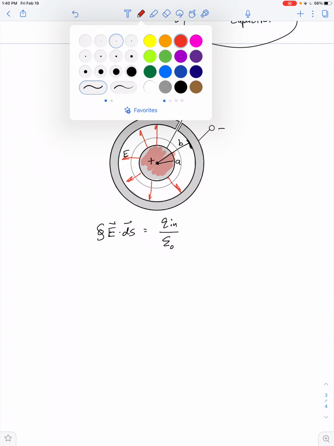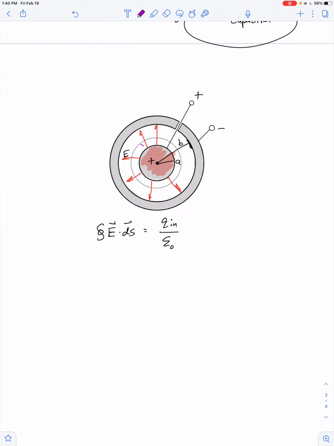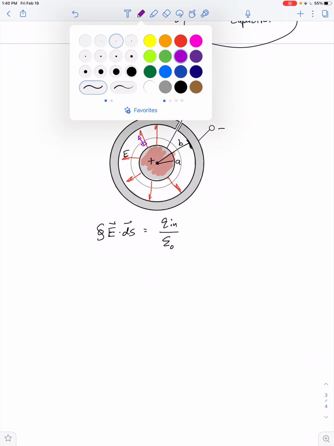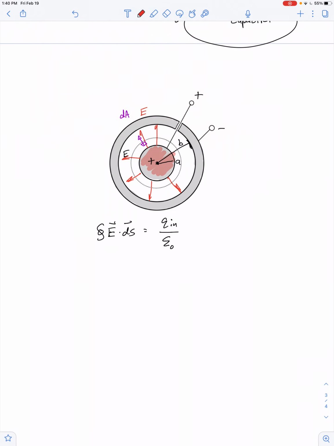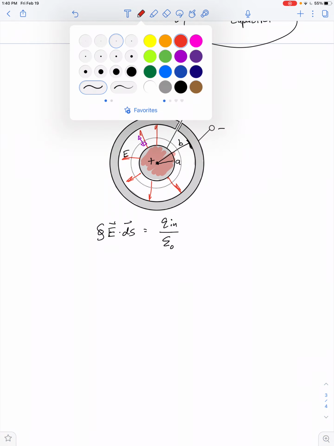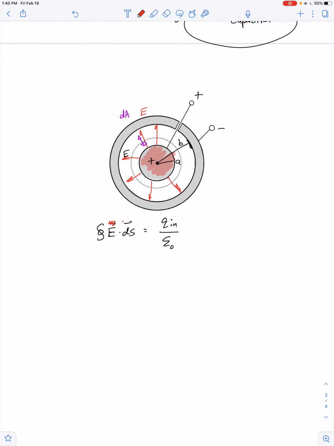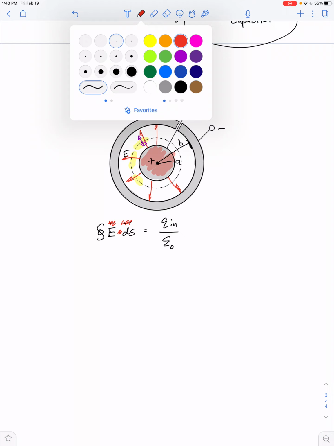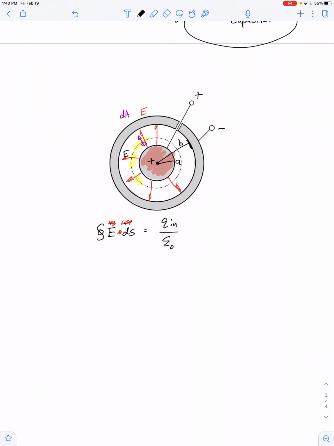Okay, so if we choose any little patch of area of our Gaussian surface, the angle between dA and E is 0. So that allows us to get rid of the vector notation, and the electric field is just as strong in this region as it is this region as it is this region, so we can treat electric field as a constant and pull it out of the integral sign, and we're just left with E times, oh my goodness, what a horrible mistake I've made.